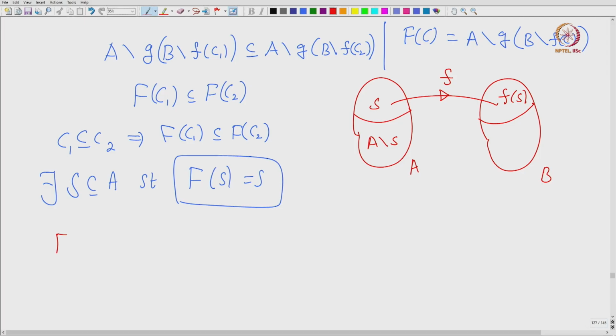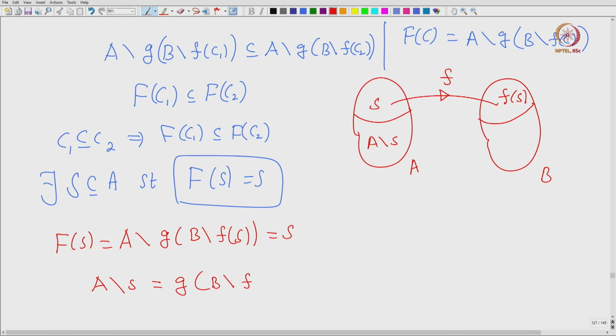So, now this capital F of S is nothing but A difference G of B difference f of S. In other words, you are saying this is equal to S, this means A difference S should be equal to G of B difference f of S. Okay, this is what we have.